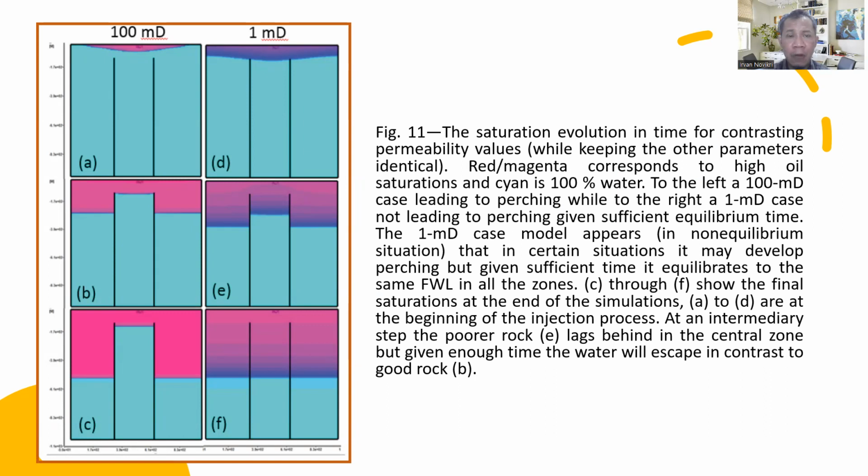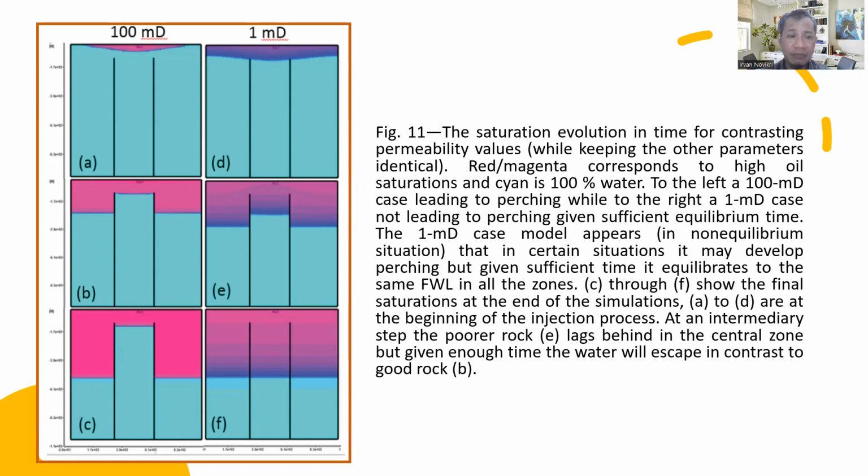The figures show final saturation at the end of simulation, with the poor rock lagging behind initially but eventually allowing water to escape, while a good rock maintained a consistent water level.